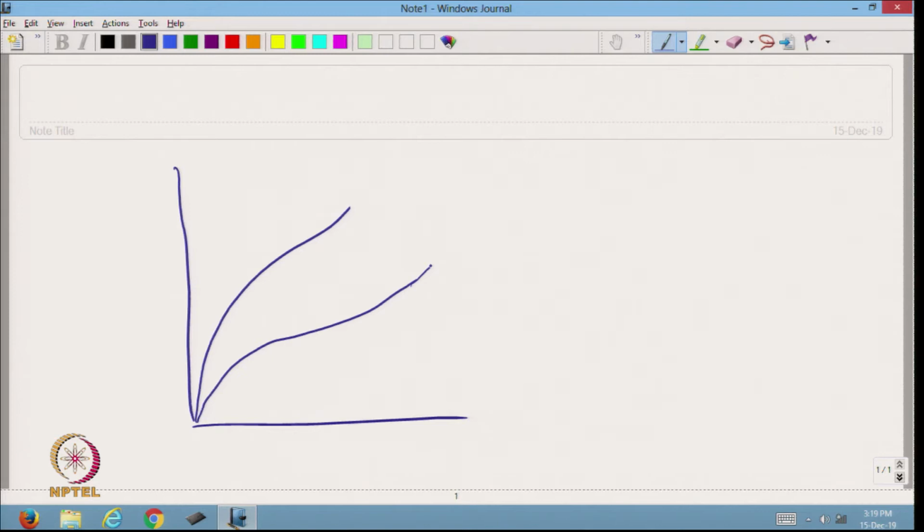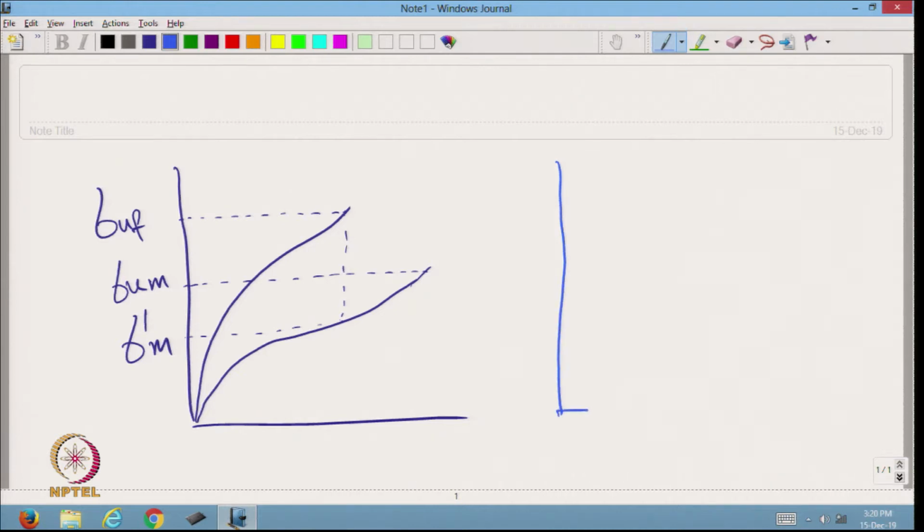This is matrix. In this situation, if we draw the ultimate stress of composite versus the volume fraction, this is volume fraction of fiber.